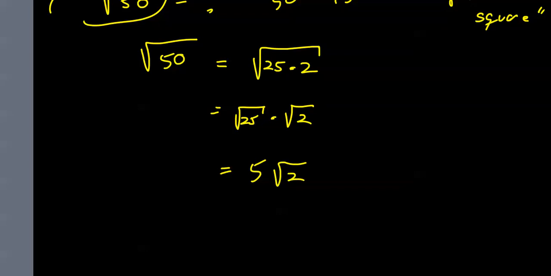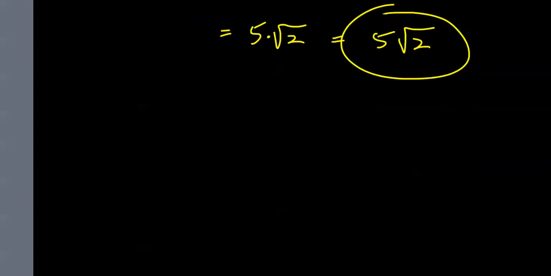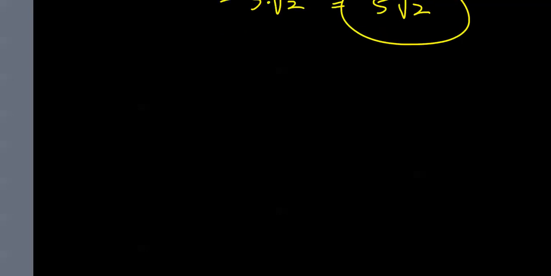The square root of 25 is 5, and the square root of 2 can't be simplified any further. So my final answer would be 5 times the square root of 2, or some might say 5 root 2. This is what simplifying radical expressions is all about: identifying perfect powers inside of a radicand, which I can hopefully get out from under the radicand.